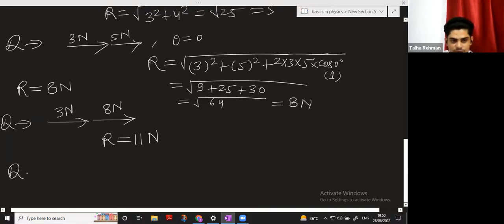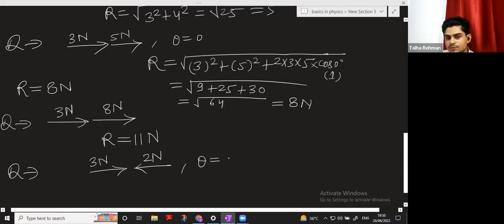And one thing more, suppose two vectors like this is 3 Newton and this is 2 Newton. So what is the angle between these two arrows? 180 degree. This arrow is like this.